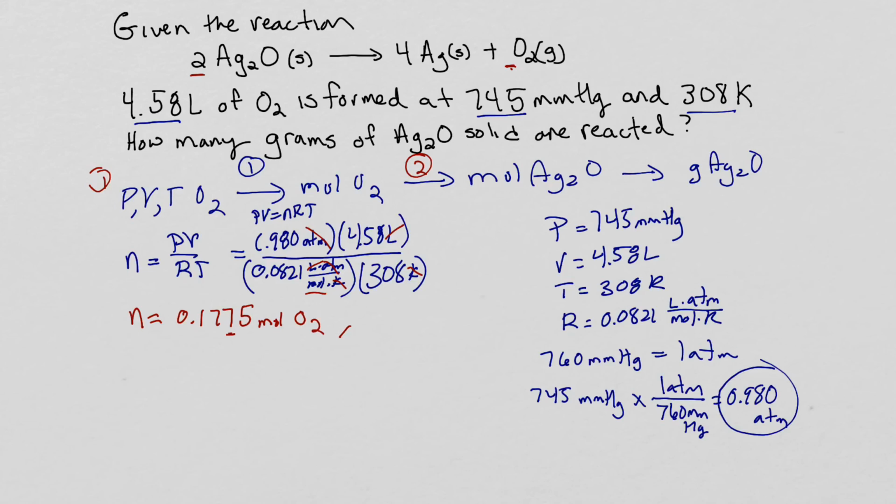So if I apply that ratio, where I have O2 on the bottom, silver oxide on the top, 2 mole here, 1 mole here, moles of O2 cancel, and we end up with 0.355 moles of silver oxide.